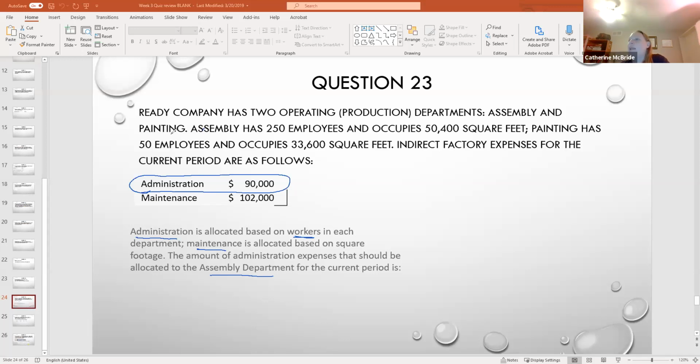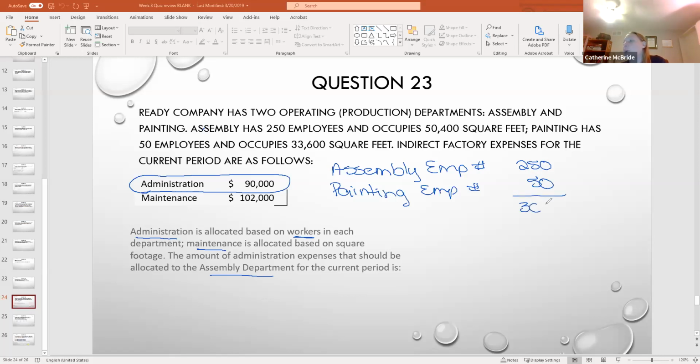Assembly and painting. Assembly has 250 employees and occupies 50,400 square feet, which we don't care about right now. Painting has 50 employees. So we have total 300 employees.